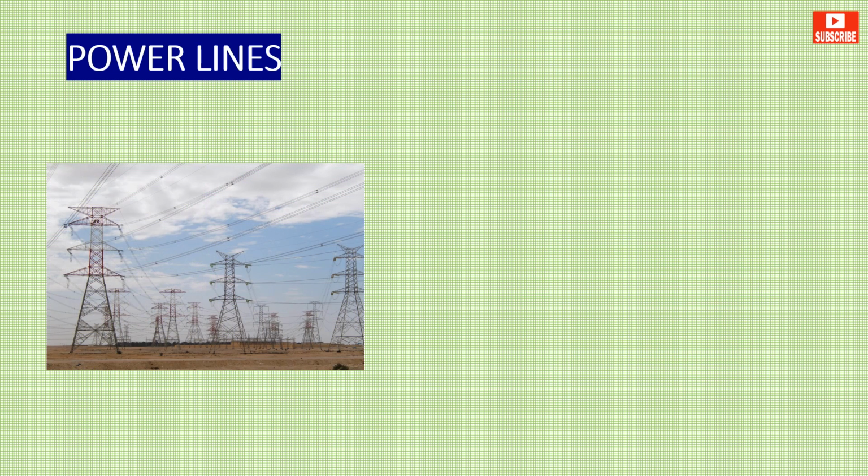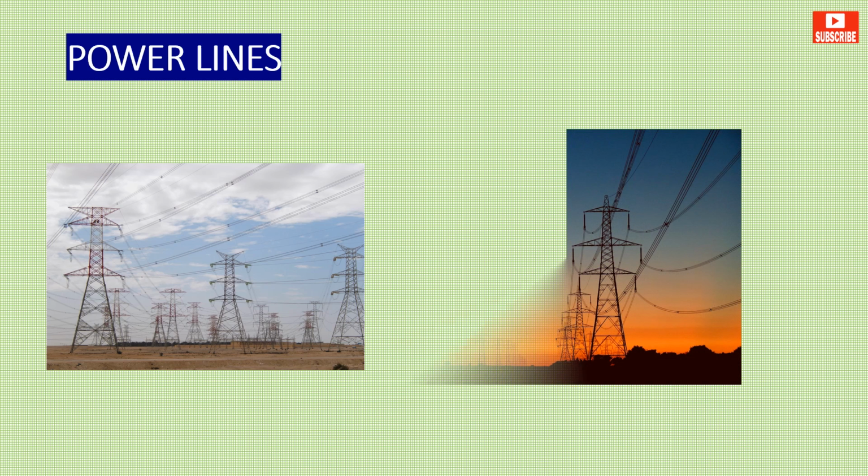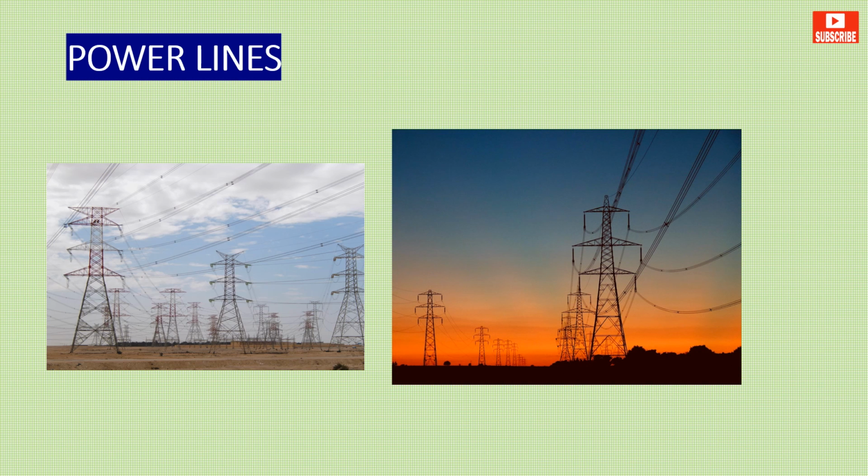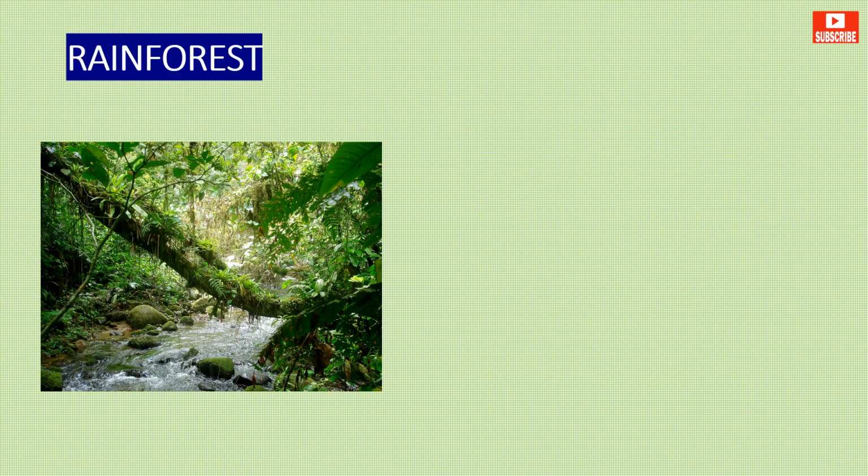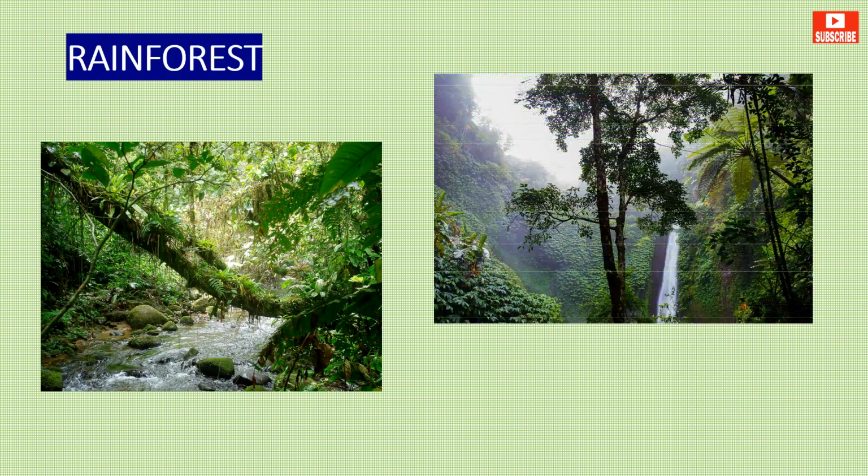Power lines, they are used to conduct electricity to houses and buildings and are often supported high above the ground by wooden poles or large metal structures. Rainforest is a type of forest found in tropical climates with heavy rainfall.